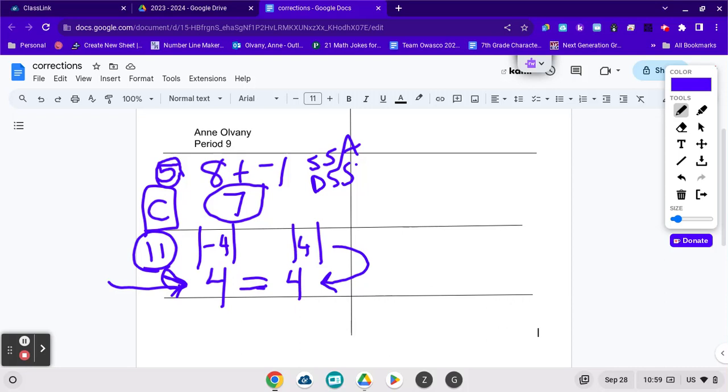And it is a reflection of our Team Owasco. It is a reflection of our school, the Canandaigua Middle School. And whoever the substitute is, you want them to walk out of the room saying, wow, Team Owasco is a great group of kids, and I can't wait to come back and be their teacher again. That's what I'm looking for.